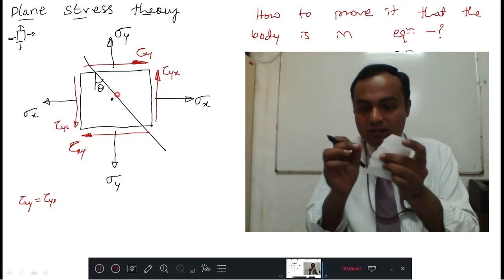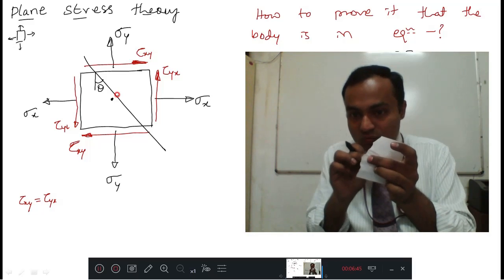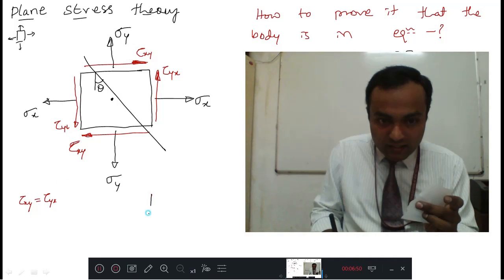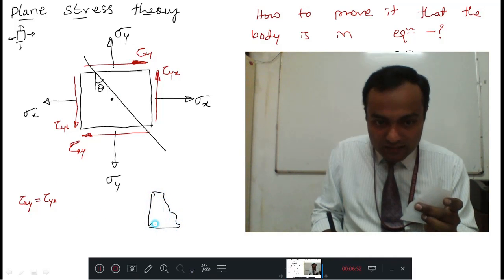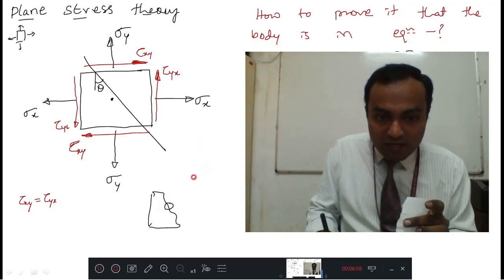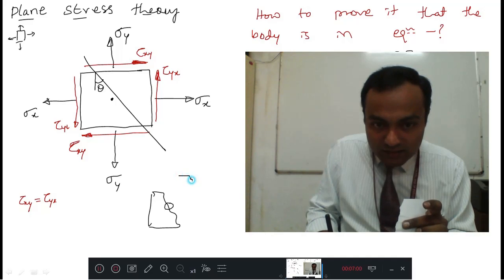See here, if I zoom into this part of the paper, which has broken like this, and put it under a microscope, then I will observe something like this.